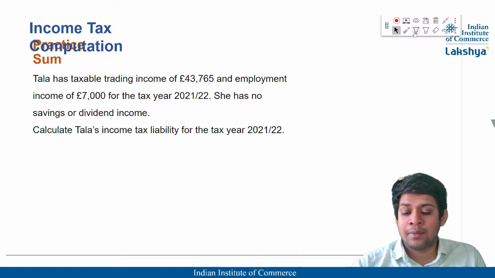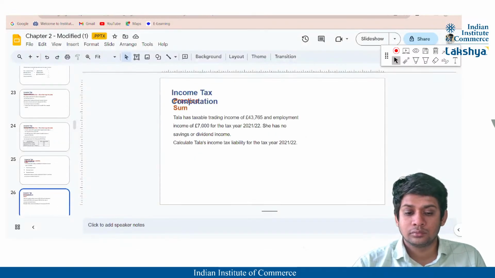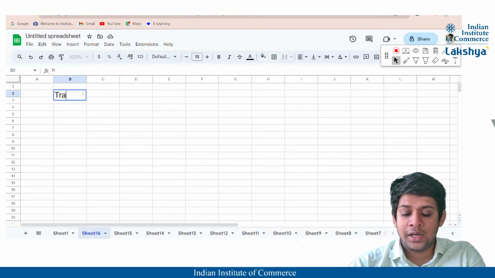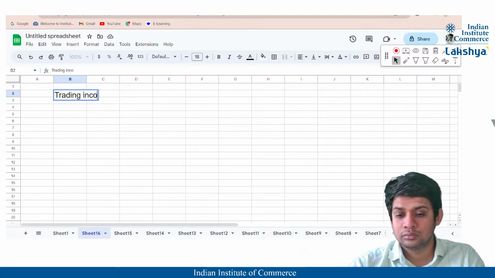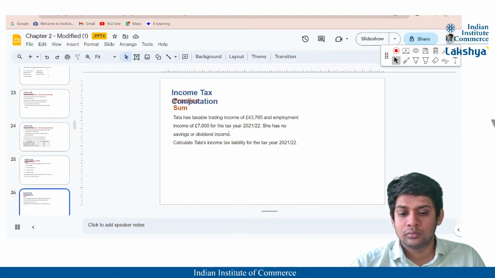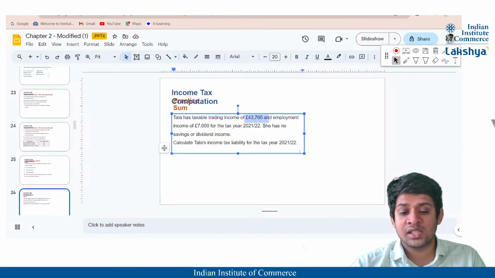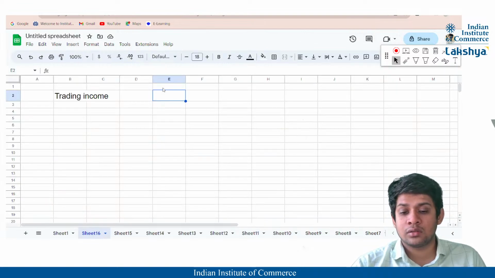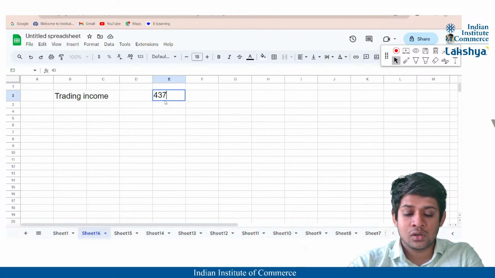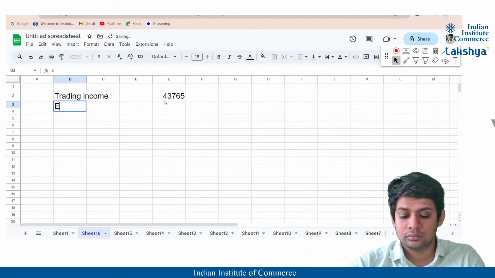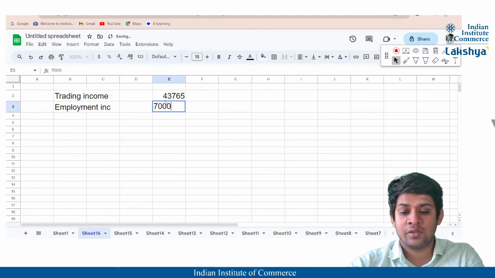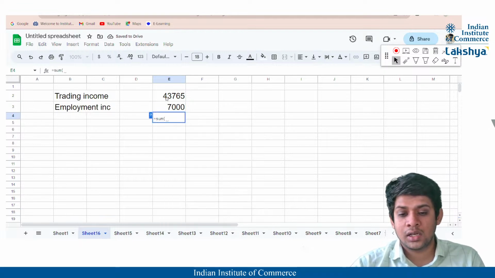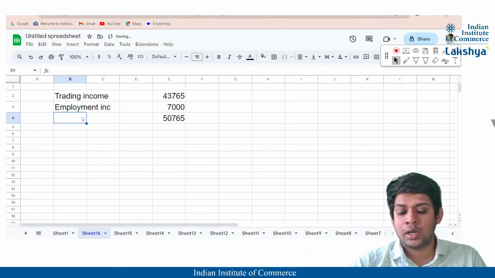So let us compute the tax liability. Her trading income is 43,765 and employment income is 7,000. So her total non-savings income is this amount. From this, you will first deduct your reliefs, if any.